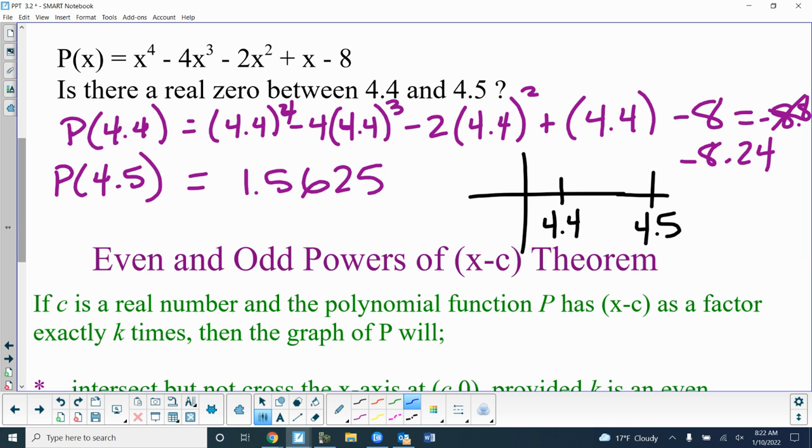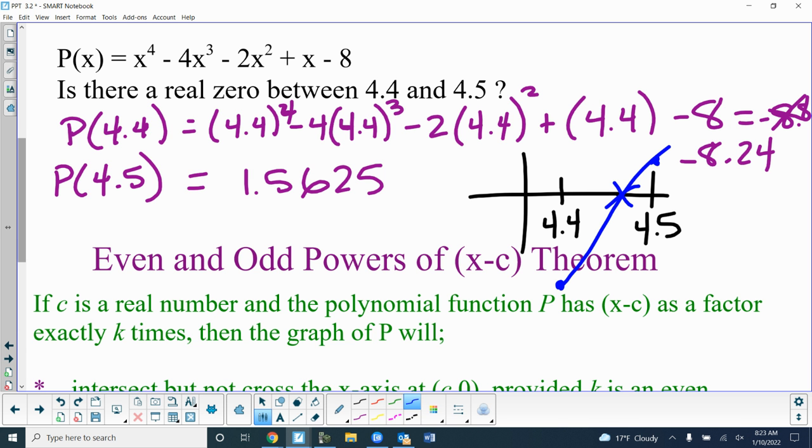When it's 4.4, what's the y value? Negative 8. So it's down here somewhere. And then when it's 4.5, where's it at? Above, here somewhere. If I were to connect those, is there a real zero? Does it cross the x-axis? Yes.